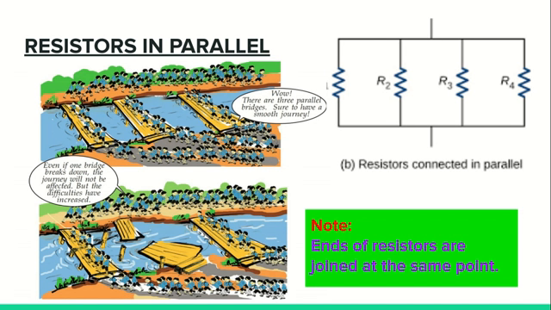That is, the ends of resistors are joined at the same point. Now here you can see that if the current is coming in this path, it gets distributed into these 4 different ways, and when it comes out of this, they are all joined here at this point and the current gets added up at this point.